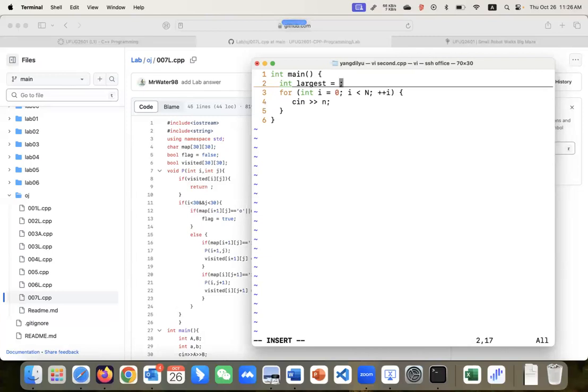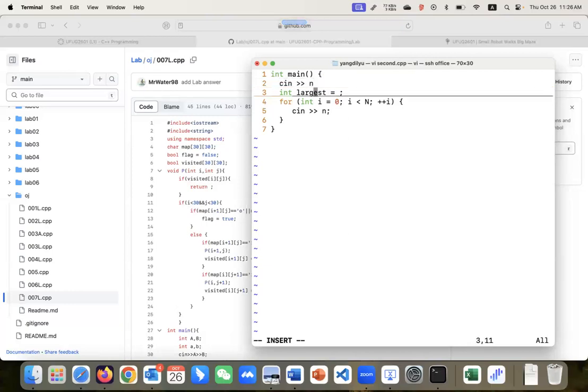But another way is you can cin first, right? Then you can assign largest to be n. Then starting from the second one, you cin, and if the new one is greater than your largest one, your n becomes the largest. No, reverse side. Largest becomes the n. Right? This is how you can find the largest one. How can you find the second largest one?